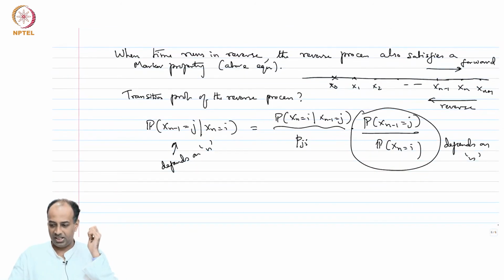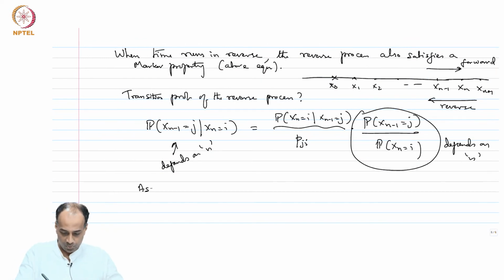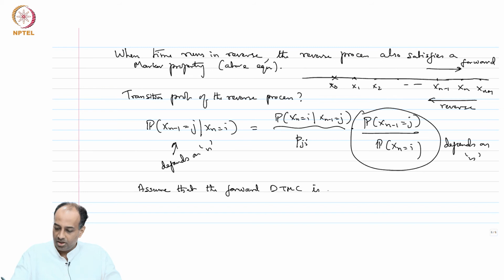There is a remedy to this. If you assume that the forward Markov chain is started in the stationary distribution.